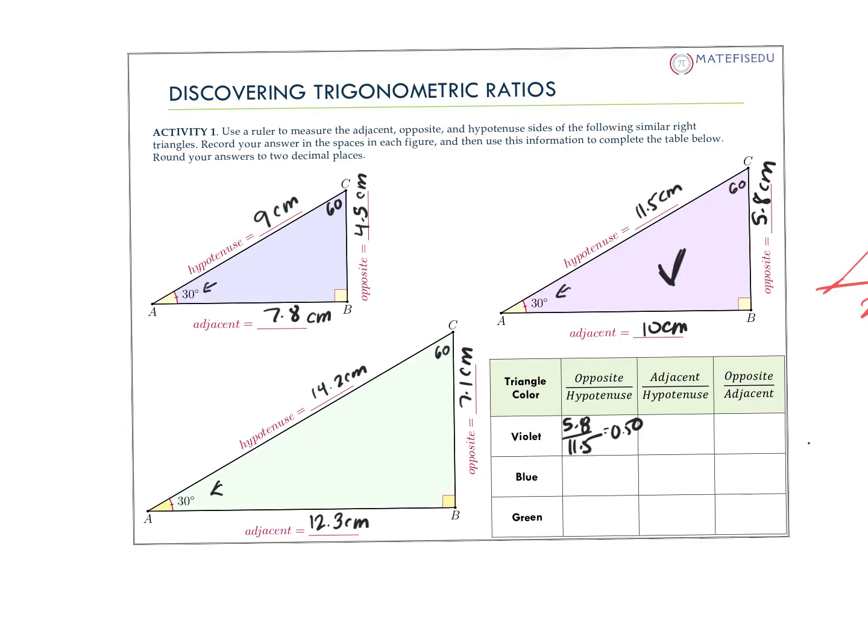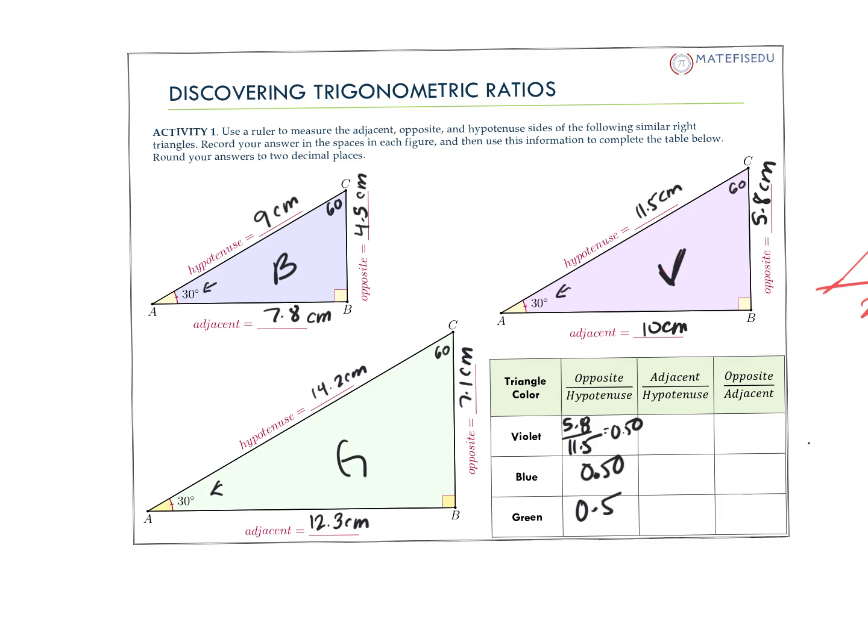And then let's go to the blue triangle and also divide the opposite side by the hypotenuse. 4.5 divided by 9, 0.50. And then the green triangle, we're going to divide the opposite side, 7.1 divided by the hypotenuse, 14.2. And we also get 0.5. So those ratios are equal.